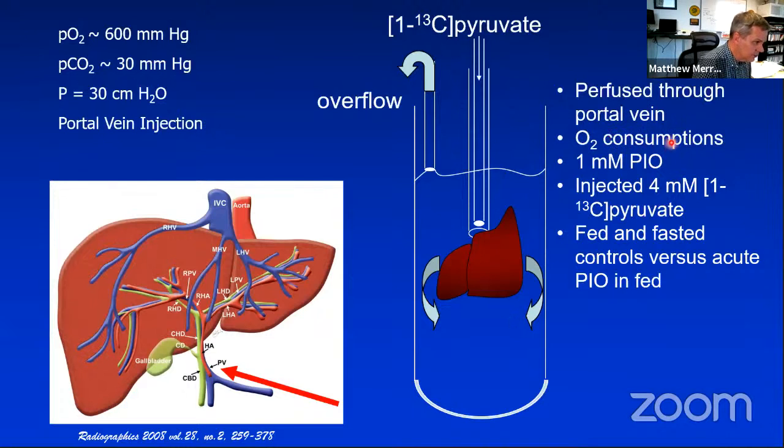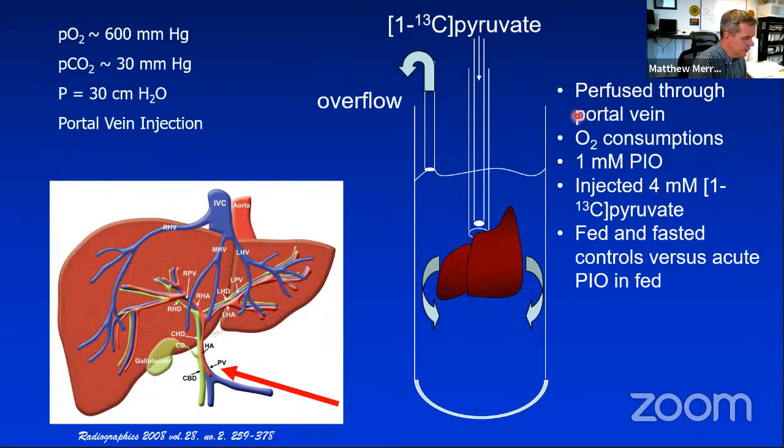So we measure O2 consumption to make sure that the liver is functioning properly. We use 1 millimolar pioglitazone versus our control that has no drug. We injected 1-C13 pyruvate, and we did fed versus fasted versus acute PO in fed animals.